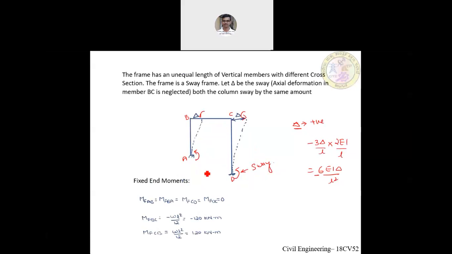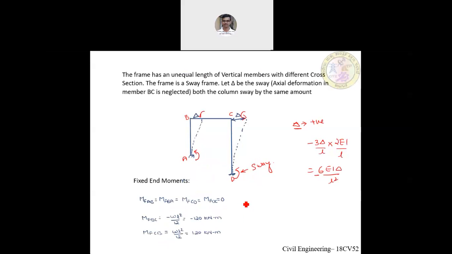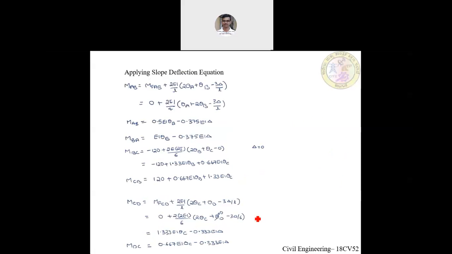So you can directly write that the fixed end moments for these members, MFAB, MFBA, MFCD, MFDC, are equal to zero. And MFBC and MFCB will be equal to WL square by 12, as it is loaded by a uniformly distributed load, which is going to be equal to minus 120 kilonewton meter, and MFCB is going to be plus 120 kilonewton meter.